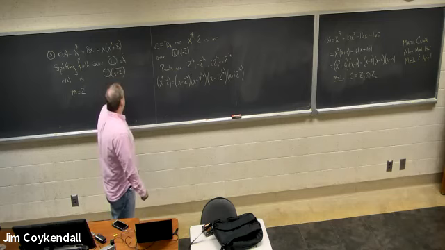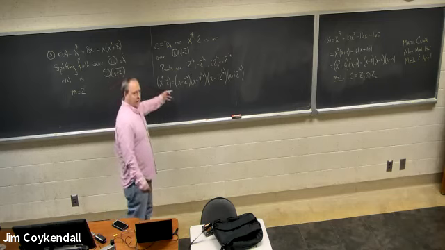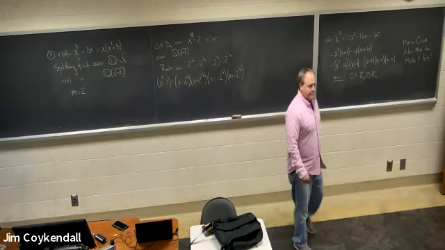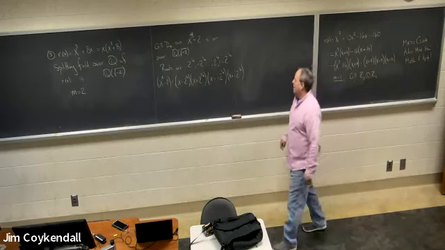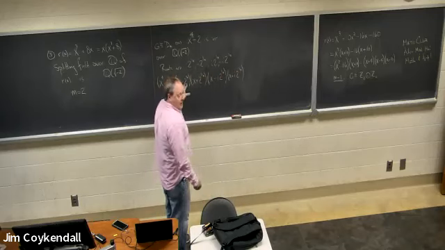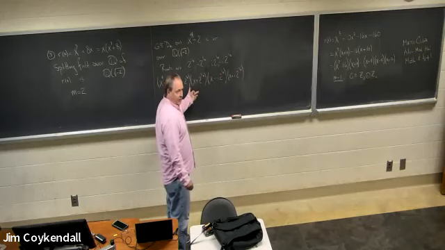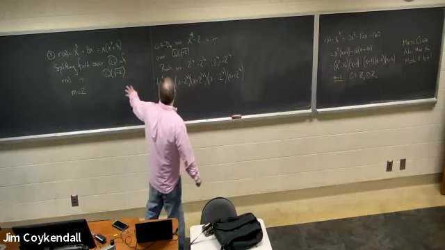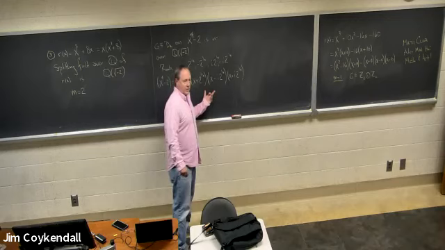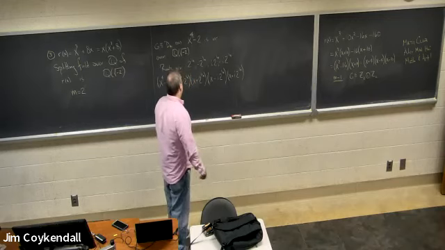notice that none of the linear factors are in here, right? So everybody agree with that? None of the linear factors are in here. So if this were to factor, it would have to factor into two quadratics. Agree? Now, think about it this way.